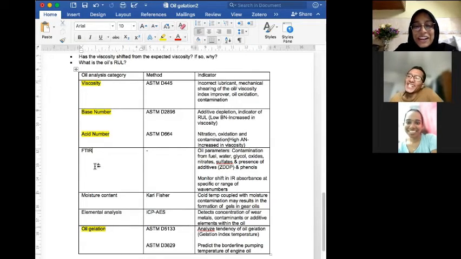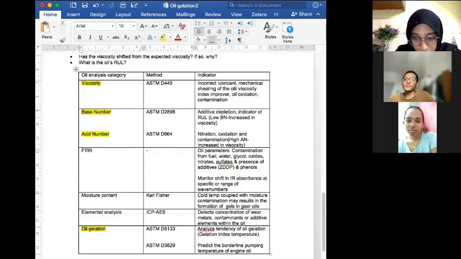Okay, I'll say viscosity for Nawawi. So the viscosity part is the basic information about the oil, the properties, right? Yes, properties. Mohana takes base number and acid number, and I will take oil gelation.